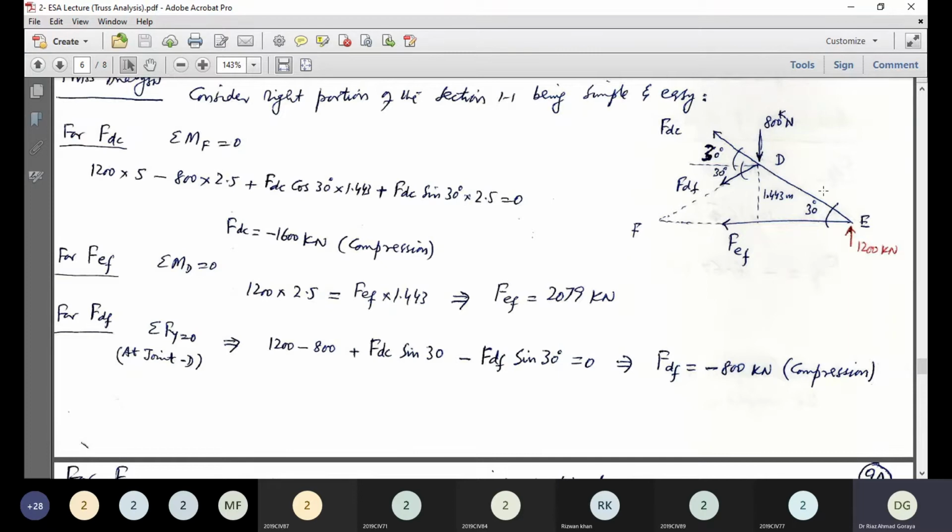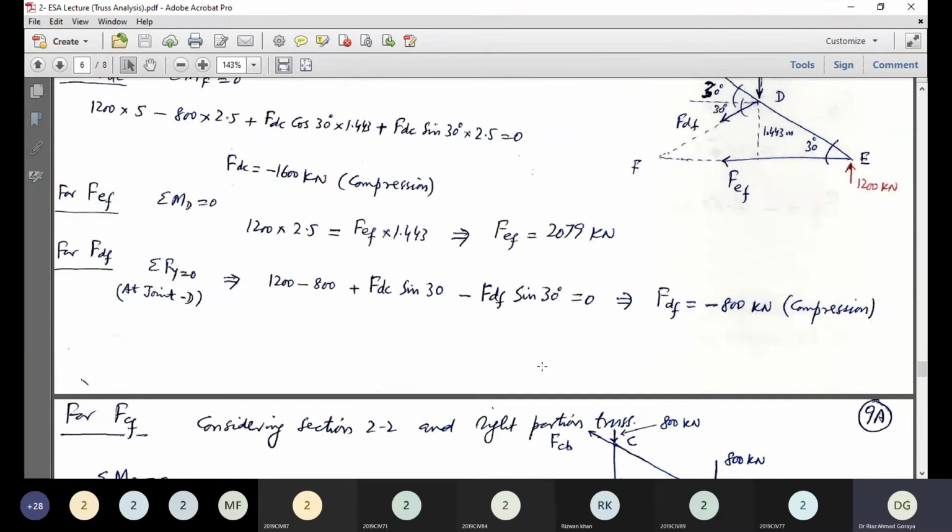So 1200 minus 800 plus FDC sine 30 minus FDF sine 30, these are the vertical components of the two forces, one of DC and one of DF, equal to 0. This will give us FDF equal to minus 800. Minus sign shows the compression.